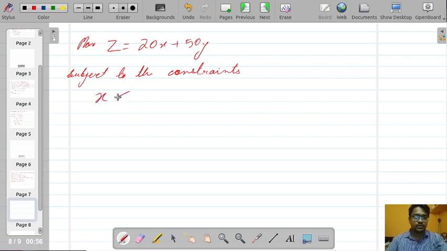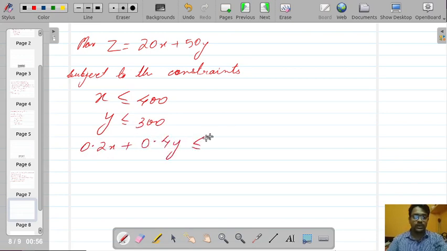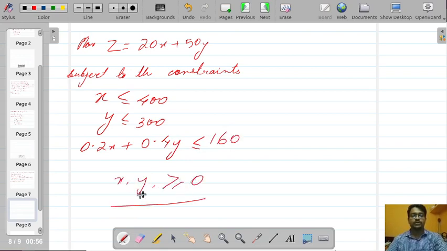What are the constraints? X is less than or equal to 400, Y is less than or equal to 300, and 0.2 times X plus 0.4 times Y is less than or equal to 160, and X and Y are greater than or equal to 0. So this is the mathematical formulation of the given LPP.